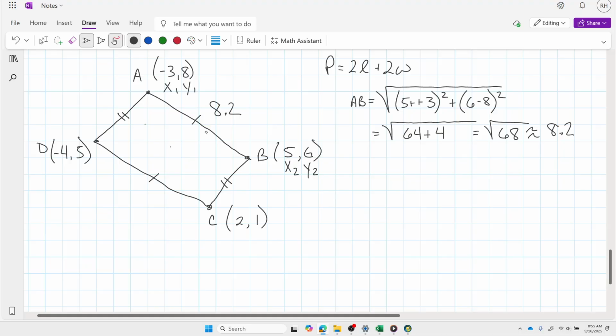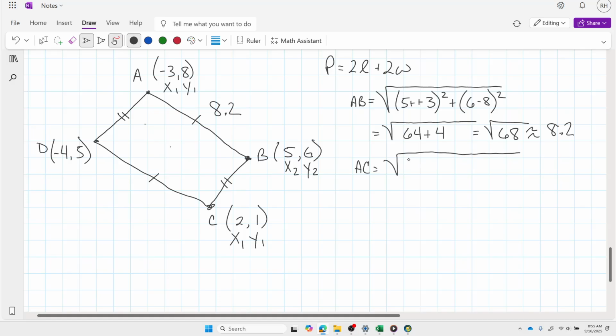Now we need the length of side BC. And since I already labeled point B x sub 2, y sub 2, I'll label point C x sub 1, y sub 1. So we're going to find the length of side BC.